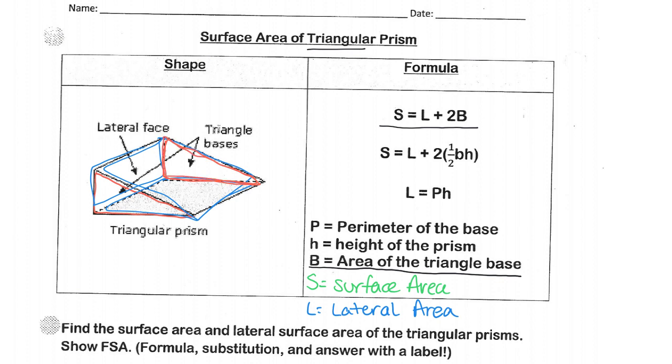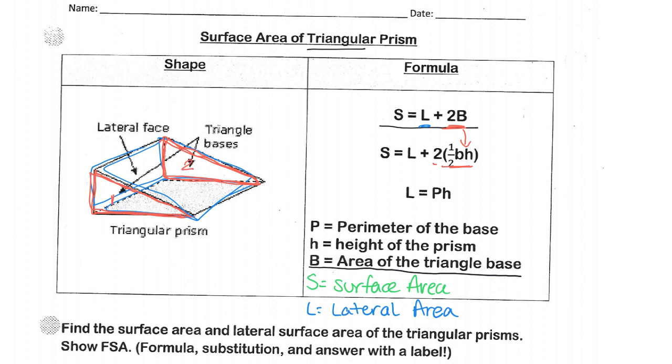So we'd have to find 2 of the triangles. So that's what this 2b means and this L means. Okay, but let's break it down some. We know the area of a triangle is 1/2 base times height. And there's a 2 here because there are 2 triangle bases.